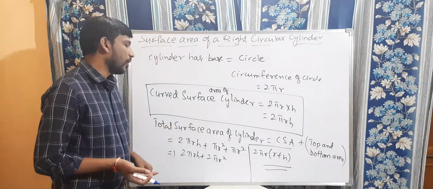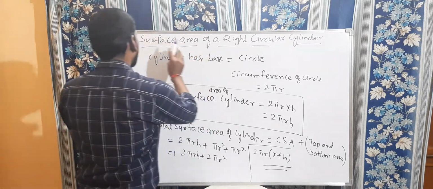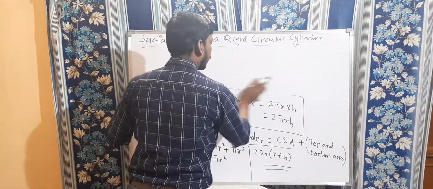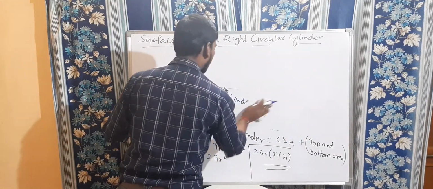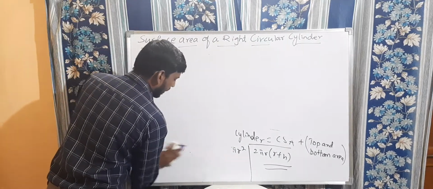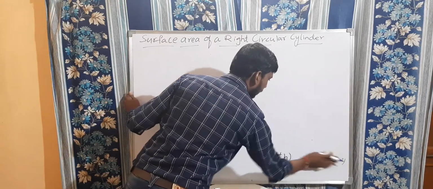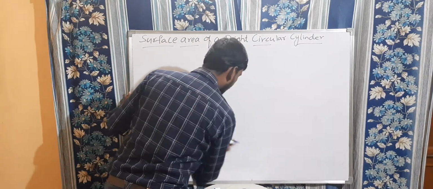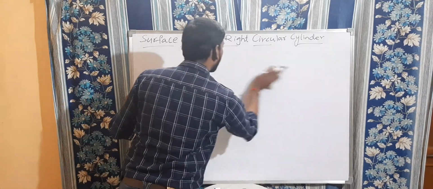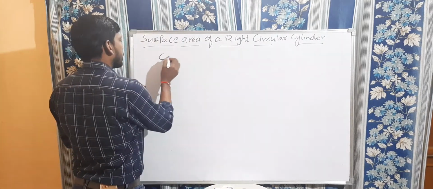It gives the total surface area of the cylinder. Clear? Now I am going to write here TSA of cylinder and CSA of cylinder, so both you can understand easily. Clear, my dears? So what is CSA? CSA is nothing but curved surface area and TSA is nothing but total surface area. So here we are going to write once again the formulas, so you can understand easily.